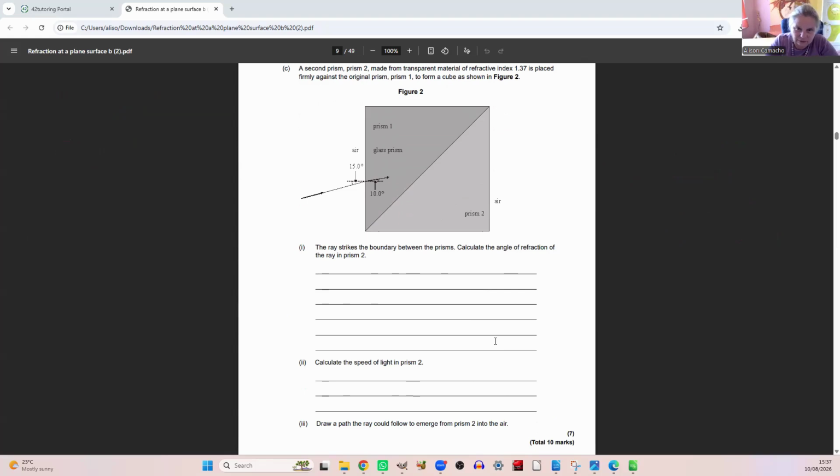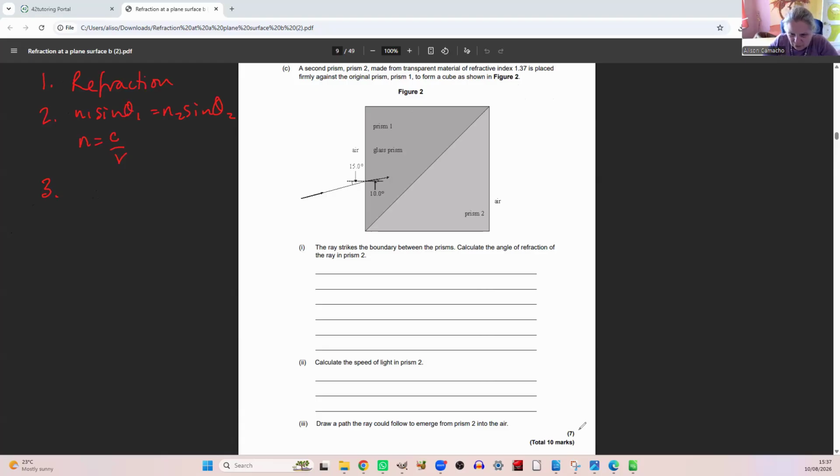Okay, so now let's do our ninja question reading. We've got this different refractive index, right? So let's start again. The topic is still refraction, right? And the equations are still the same. And the third thing is how many marks?